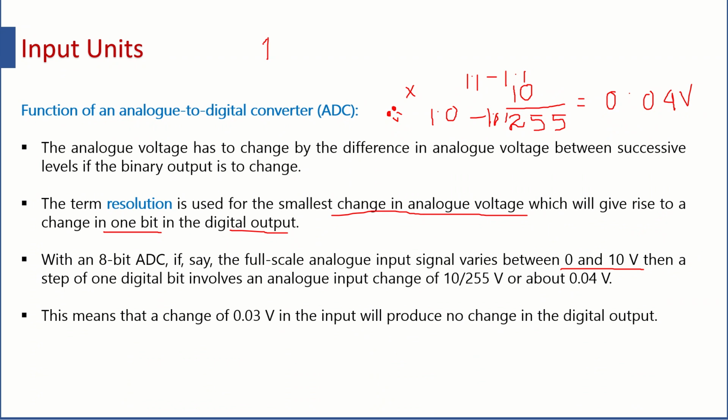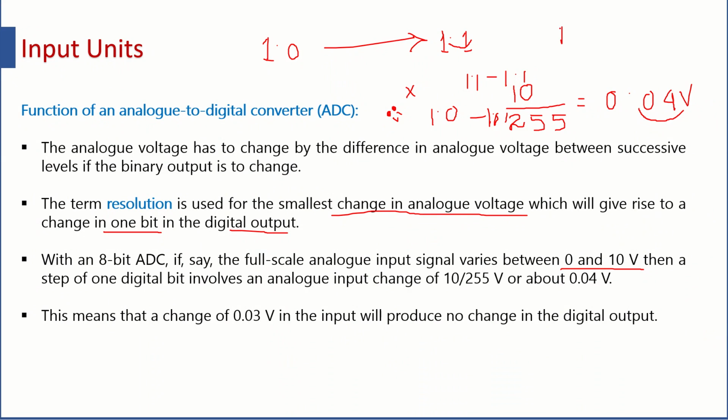Your signal is earlier 1.0 volt. From there it has got an elevation to 1.1 volt. Now do you think that this is readable by your ADC? Definitely it is readable because your change is 0.1 and the minimum voltage that the particular ADC can measure is 0.04 volt. It is the resolution.